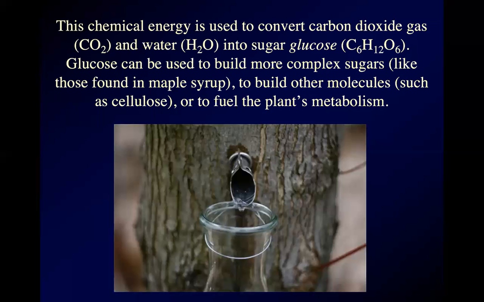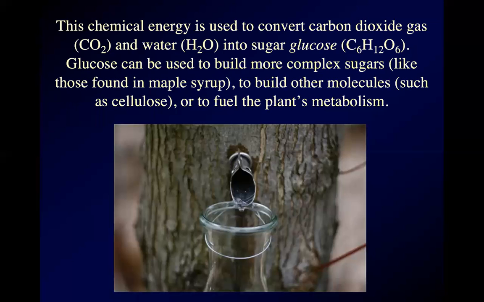Glucose can in turn be used to build more complex sugars, or it can be used to build other molecules, like the cellulose in plant walls is made of lots of glucose molecules stuck together. Or glucose can be burned as fuel to drive other metabolic reactions that the plant has to carry out, like making proteins.